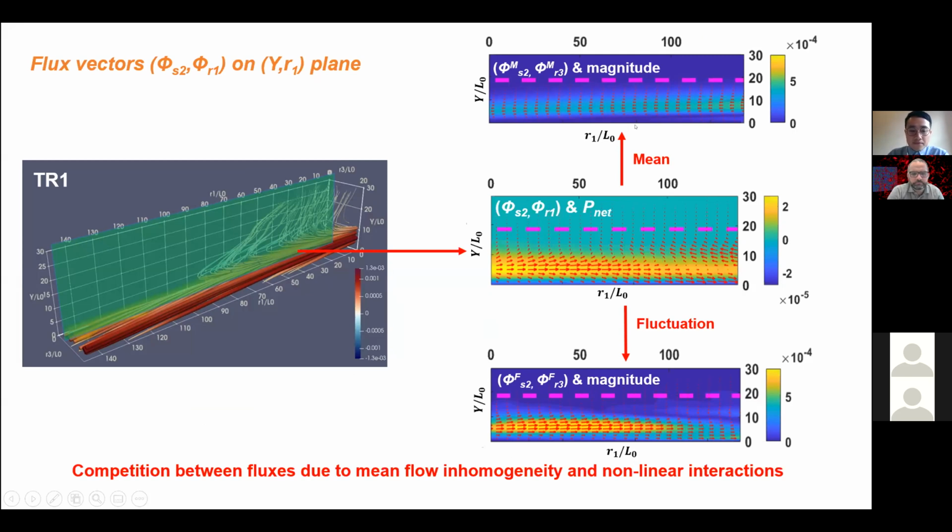Mean flow, on the other hand, contributes to the opposite side. So we conclude that there is a competition between the flux due to mean flow inhomogeneity, which is the mean flux, and the nonlinear interaction. And in this case, the latter one, which is the flux due to turbulent fluctuation, is the dominant.